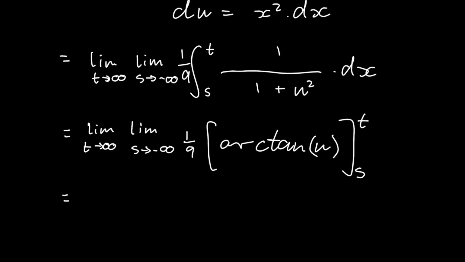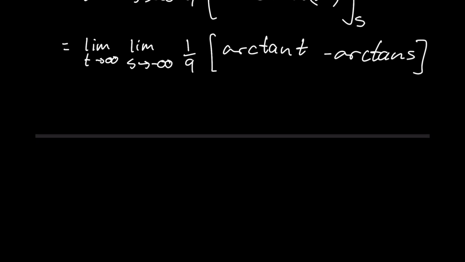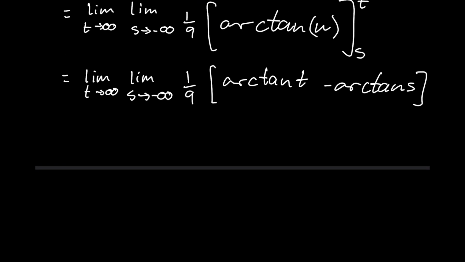So let's go ahead and do that, like we would for a normal definite integral. We say the limit as t approaches infinity and the limit as s approaches negative infinity of 1 over 9, then we have arctan t minus arctan of s. And we know that the limit as t approaches infinity of arctan of t is going to be pi over 2.